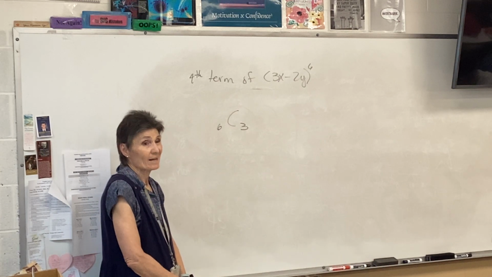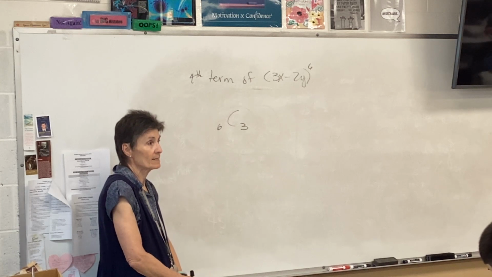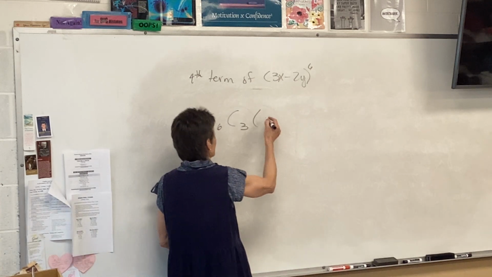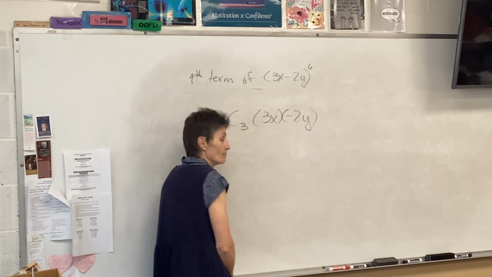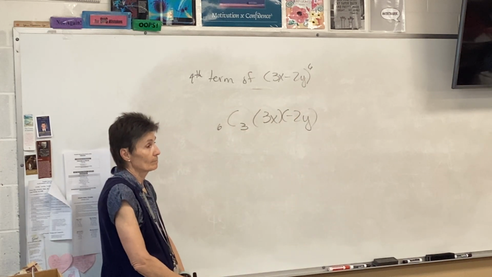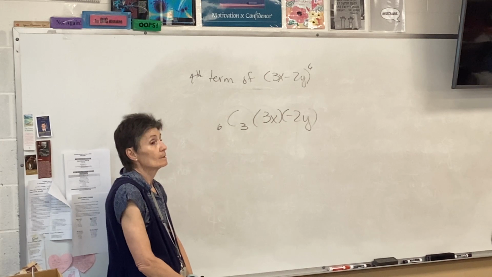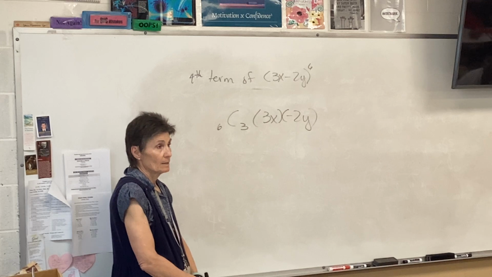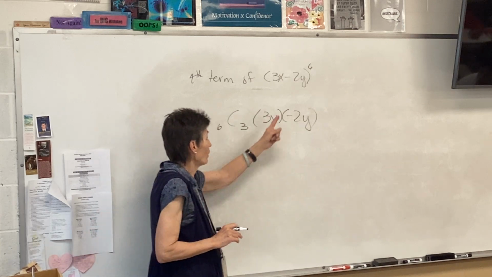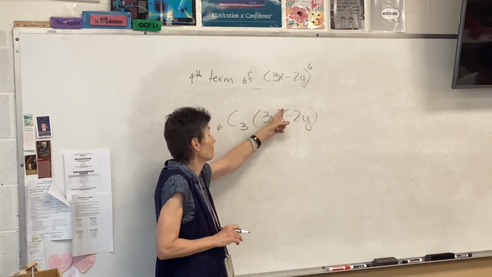Now, what's next to that coefficient? I'll figure out what that is in a minute, but what's next to it? A 3x and a negative 2y. Okay, now I need my exponents. If I did the whole thing, what would the first exponent be on my 3x?